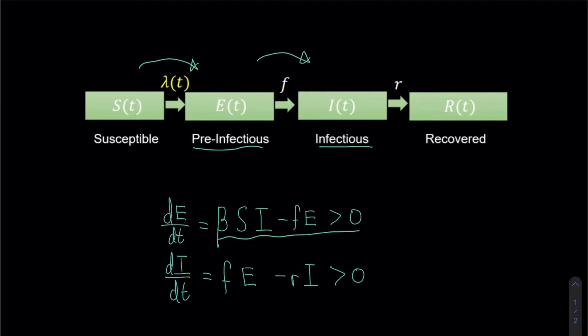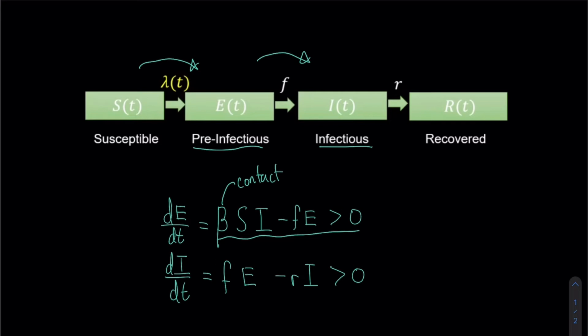Now, as a reminder, beta represents contact. If there's a lot of contact between susceptible and infectious people, we get more people getting infected. And f is the rate at which people go from being exposed to being infectious, so think of it as being related to the latency period.